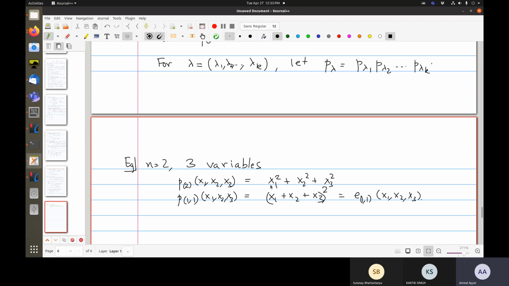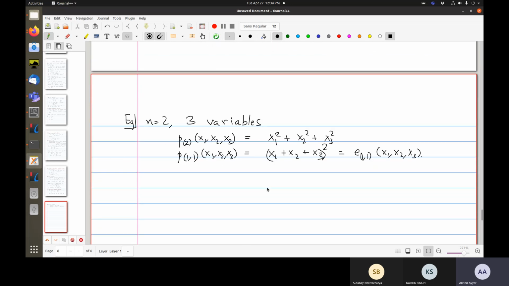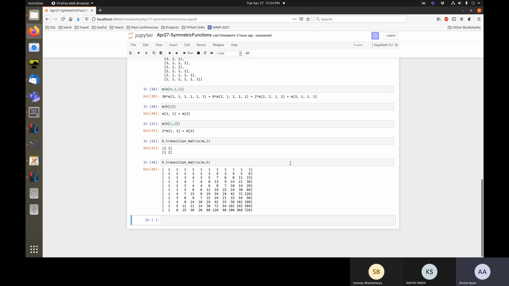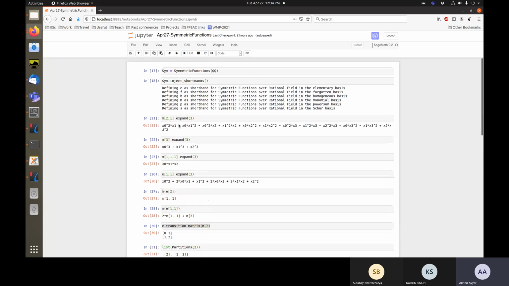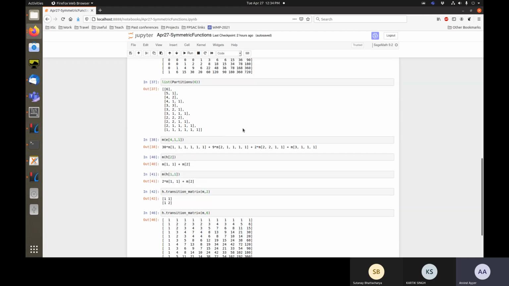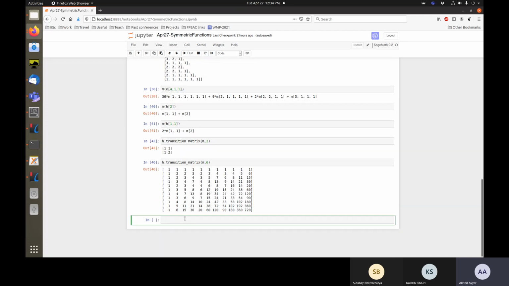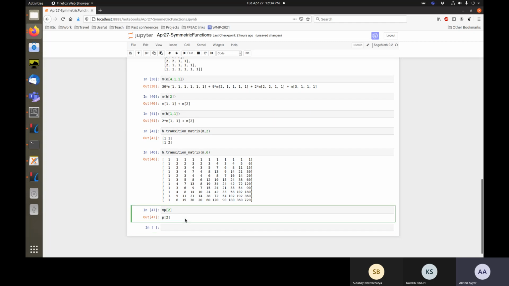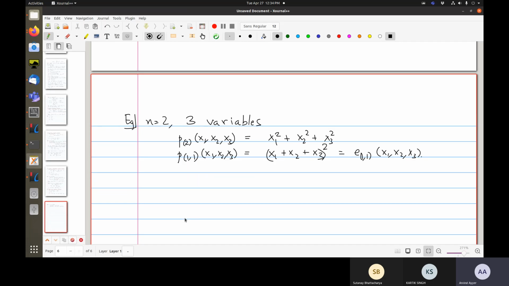But now let's try and express this in terms of the monomial symmetric functions. Maybe we'll do it directly on stage, instead of my making some mistake. So this is also defined automatically. This is the power sum basis, and P is the shorthand. So let's write P of 2. Okay, that's not a problem. Now let's express it in terms of M. This is M of 2. That's okay.